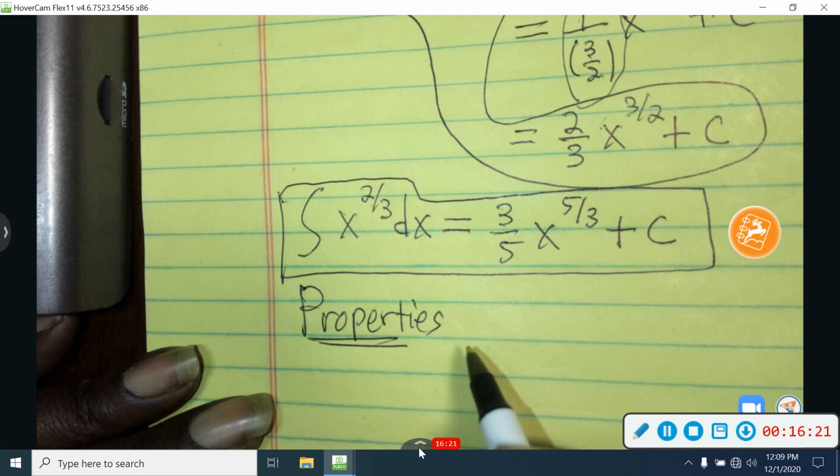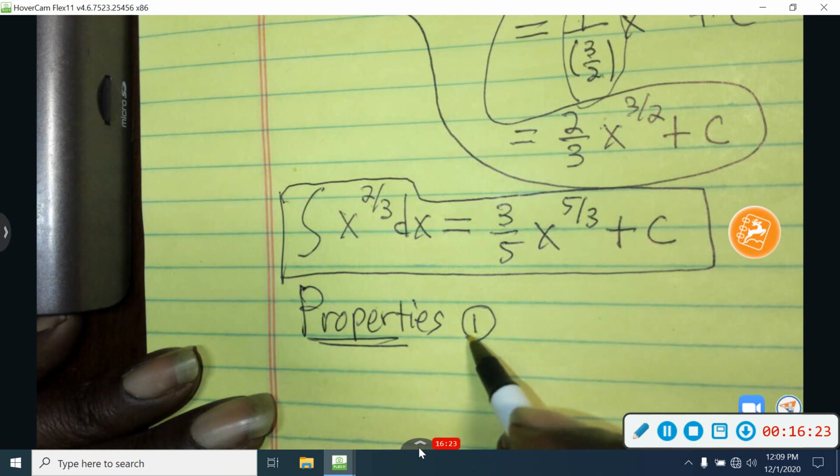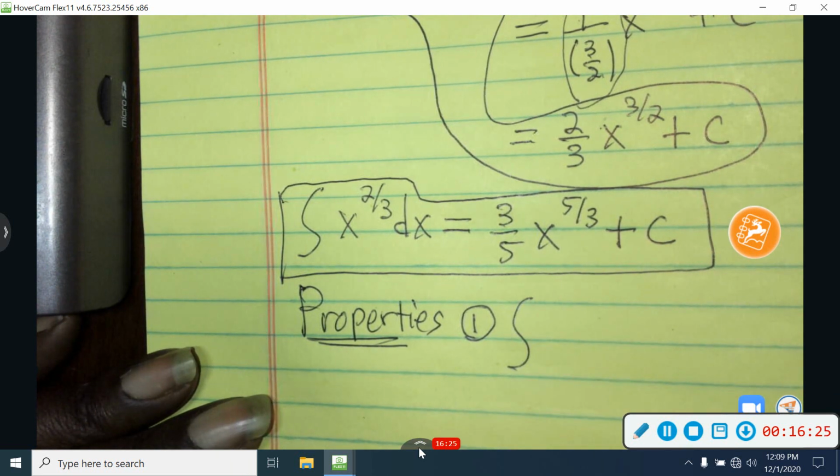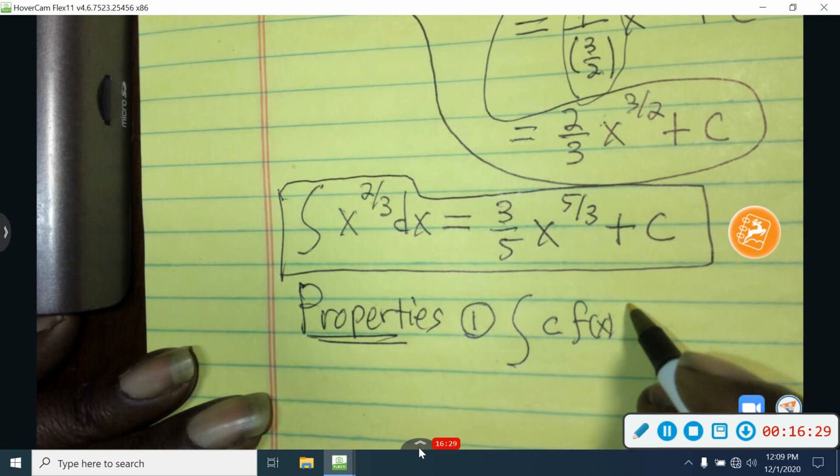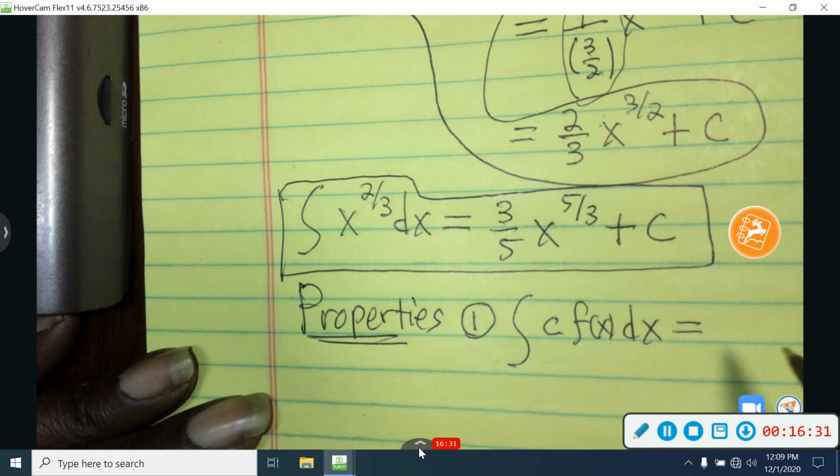There's two to speak of, really. Property 1, if you take the indefinite integral of a constant times a function, well, the indefinite integral, like its inverse, the derivative, remember we're just doing derivatives in reverse, will ignore the constant and just go to the function.